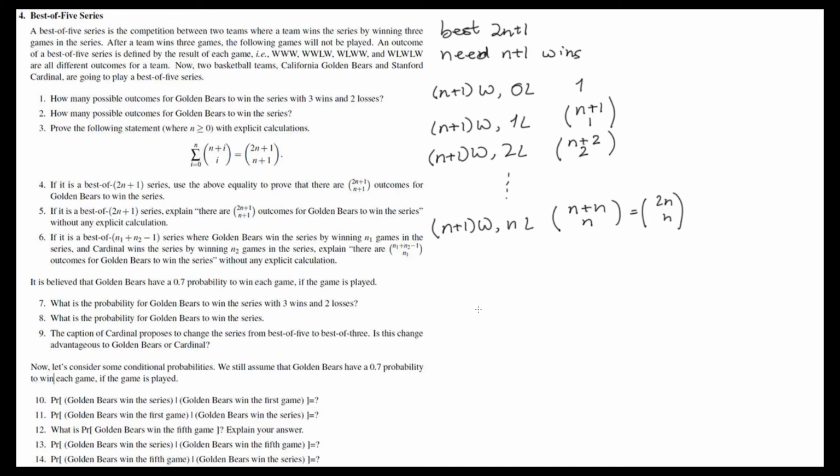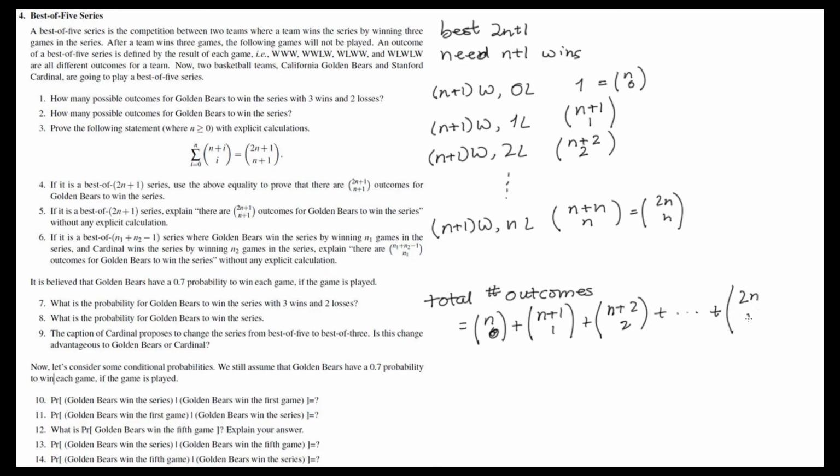So now if we simply add up the total number of outcomes, and let's cleverly re-express this 1 as n choose 0, the total number of outcomes is equal to n choose 0, plus n+1 choose 1, plus n+2 choose 2, and all the way up to 2n choose n.